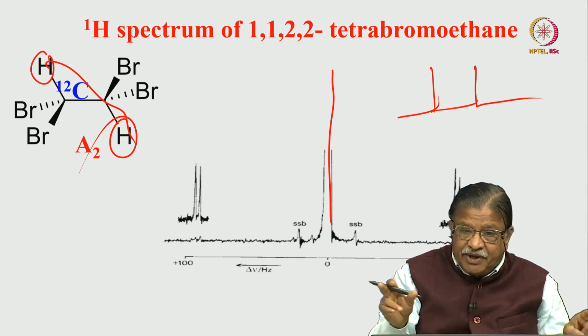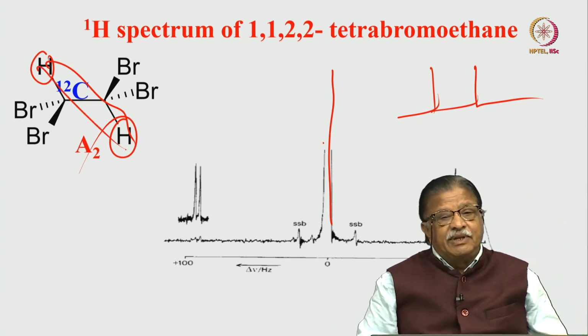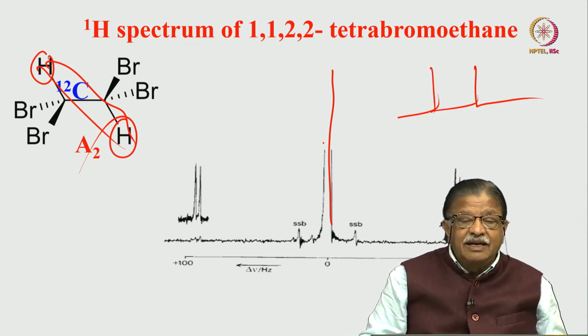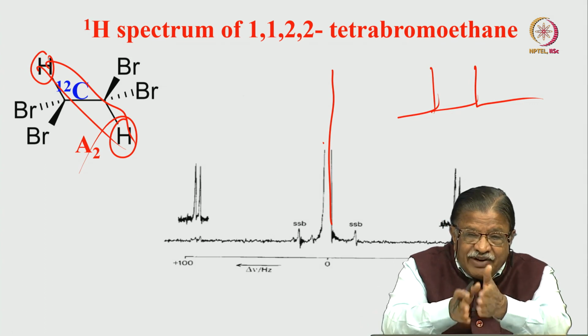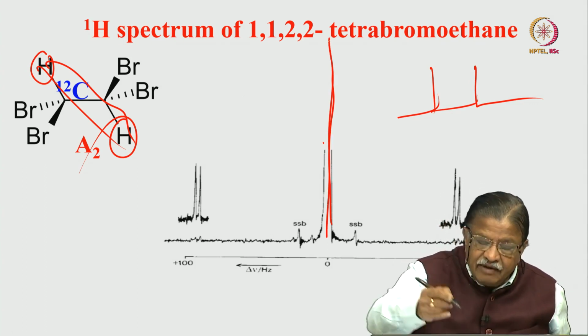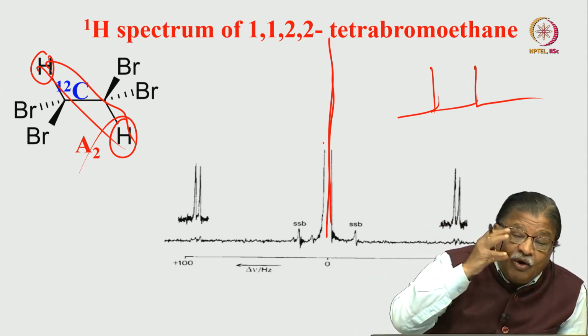It is not that coupling is absent. Though it gives a single peak, there exists a coupling, a trans coupling between these 2 protons. But unfortunately, that coupling is not reflected in the spectrum. As a consequence, we get a single peak. But I tell you there exists a coupling, so how do you measure it?